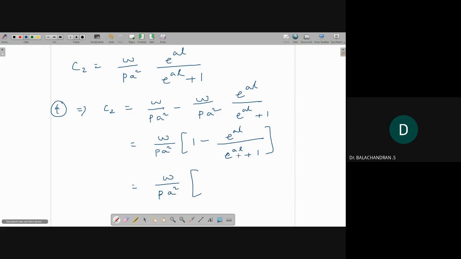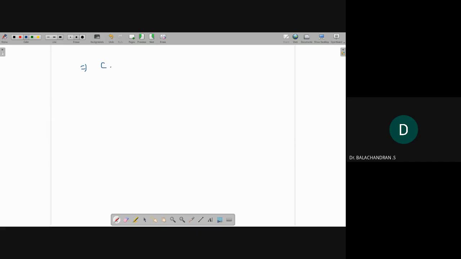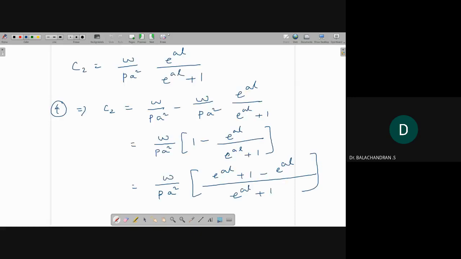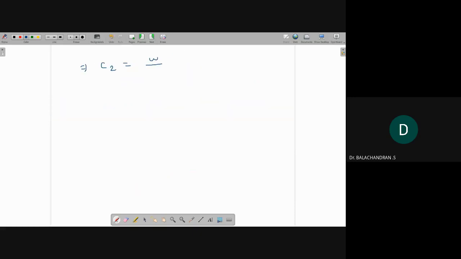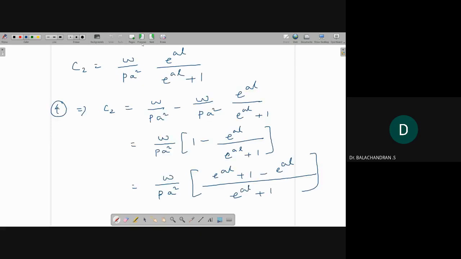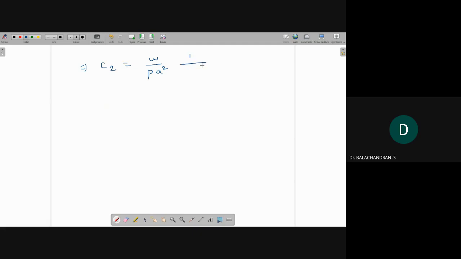So take LCM e power AL plus 1: e power AL plus 1 minus e power AL by e power AL plus 1. So you can cancel these two. So C1 equals omega by P square into 1 by e power AL plus 1. So we got the C1 and the C2.